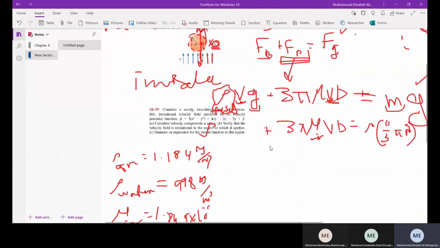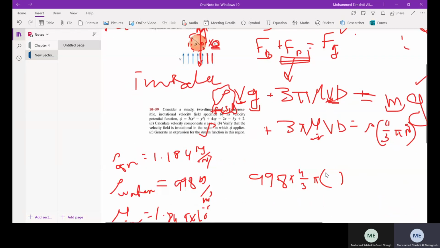So let's substitute with me. 998 multiplied by 4 over 3 pi r cubed.